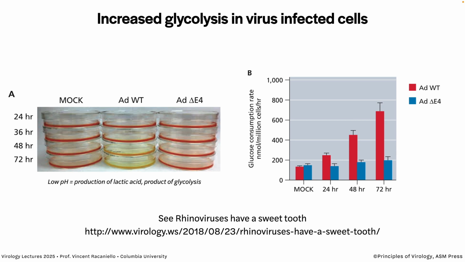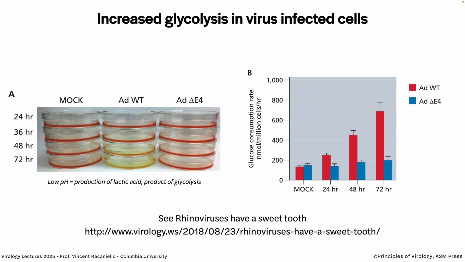The pH is dropping because these cells are producing lactic acid, which is the end product, I believe, of glycolysis. So adenovirus is turning up the glycolytic pathway to get more energy. And the E4 mutant, which doesn't replicate, doesn't do that at all. On the right is just a quantification of glucose consumption. You can see red is the wild type and blue is the mutant.